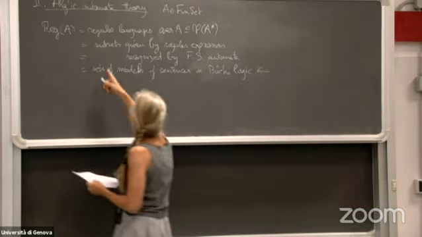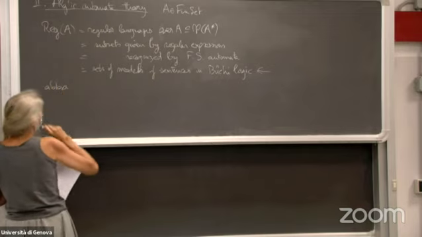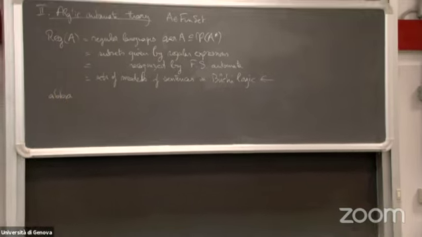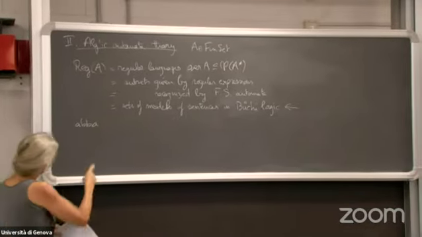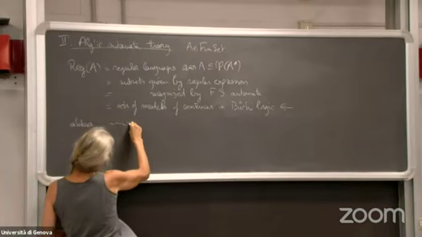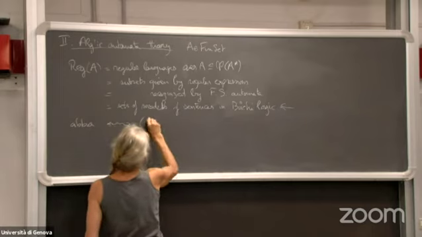So the idea is that when you have a word, since I'm Scandinavian, let's look at ABBA. And you actually view this word as a structure for logic. So what is the structure?